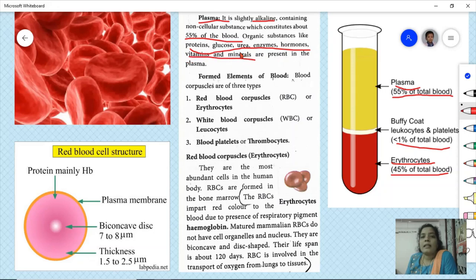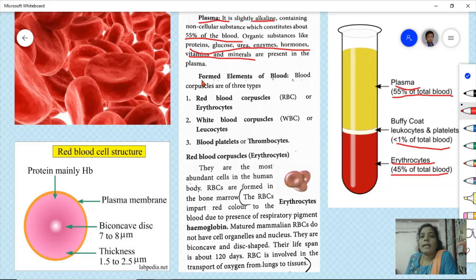So plasma is alkaline in nature, 55% of the blood is plasma, and organic substances are also present in the plasma. This is the first one.